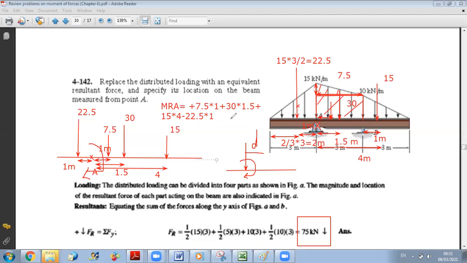I should of course move it to the right to produce a clockwise moment. And what should be the distance to move? The distance to move should be in a way that Fr times d equals the resulting moment. So d will be equal to M resulting at A over Fr.